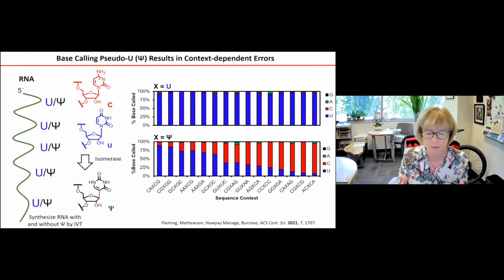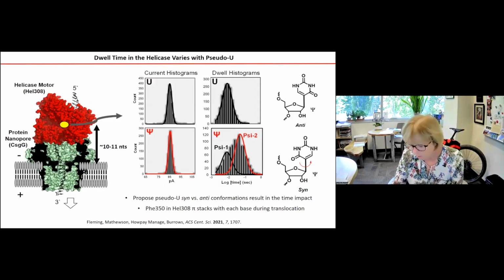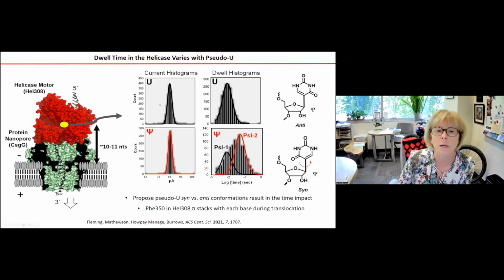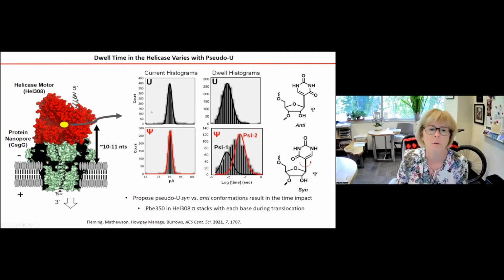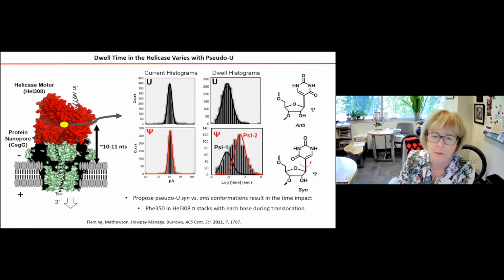We make those by solid phase synthesis and ligate them into longer RNAs. From there, we can look at current levels, and the current for U or pseudo-U and the base calling will give us some clue as to what is going on at that particular site.